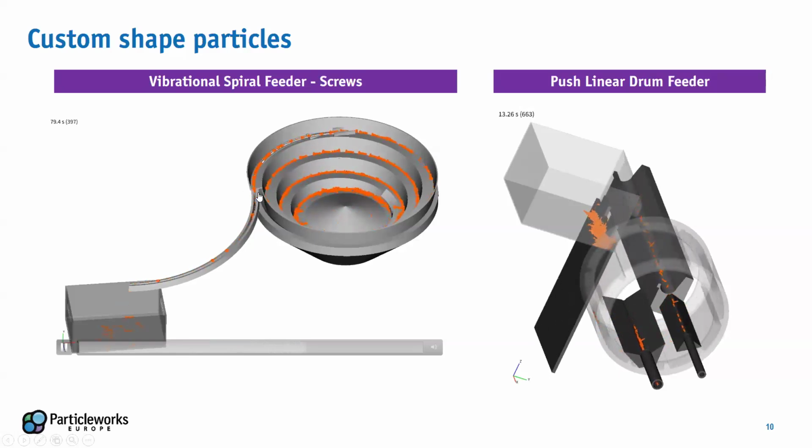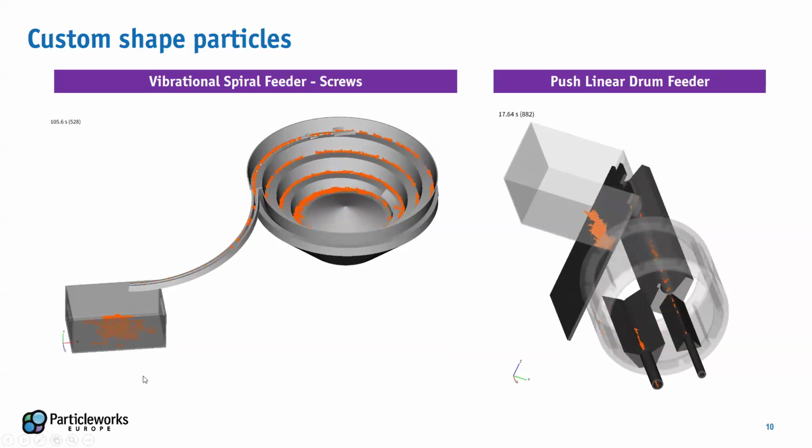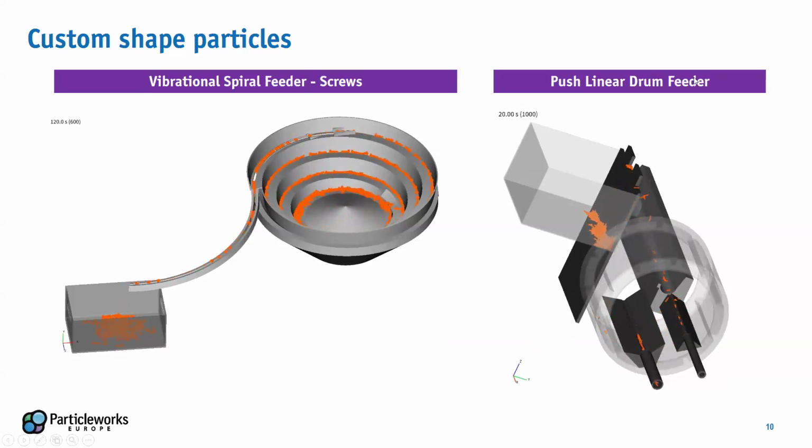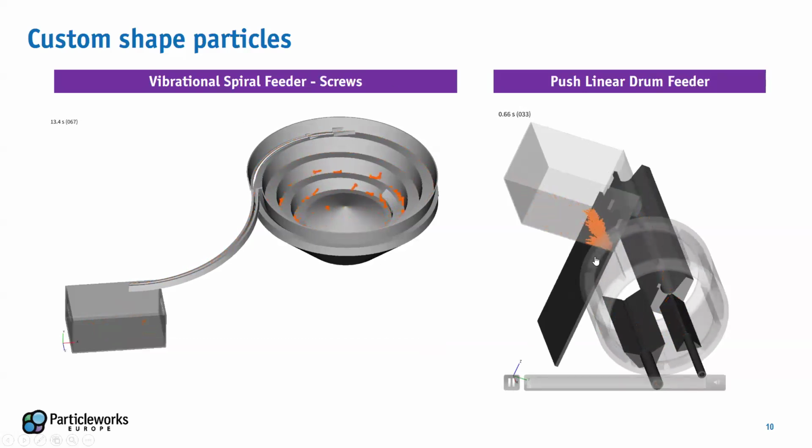And you can see here that there is an interaction with the upper side of the screw, and then they are dispersed in this container. And on the right as well, there is a selector and a feeder mechanism with slightly different kinematics. So as you can see, we can easily apply vibrations or complex kinematics without any issue.